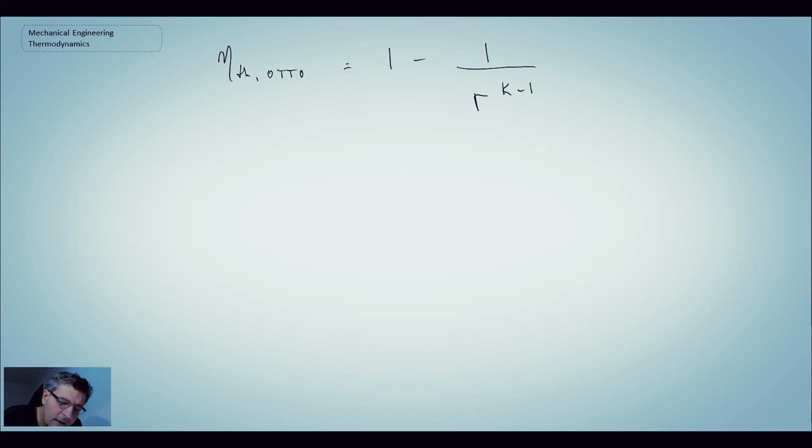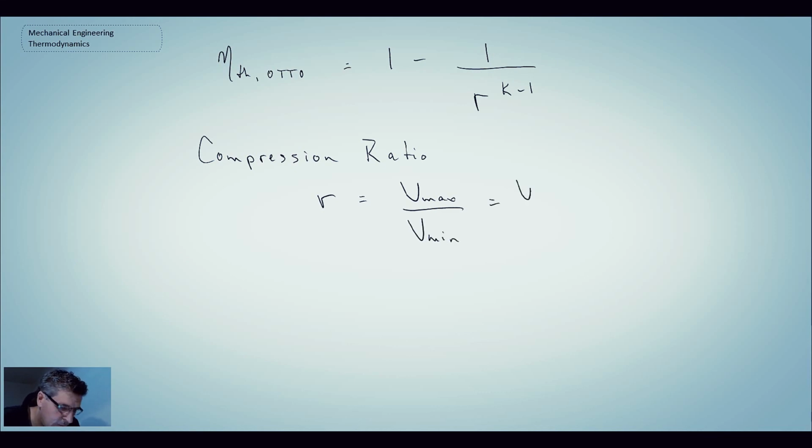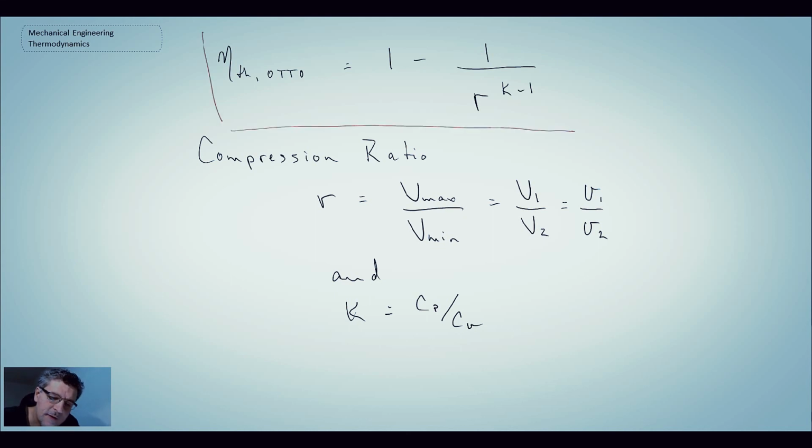Now, R is the compression ratio, which is a value we will know for a particular engine based on the way that it's operating, or design, that is, because the compression ratio is Vmax over Vmin. And given that the mass is the same here, we can write V1 over V2 for specific volume. And k is equal to our ratio of specific heats. So that there gives us an expression for the thermal efficiency of the Otto cycle.